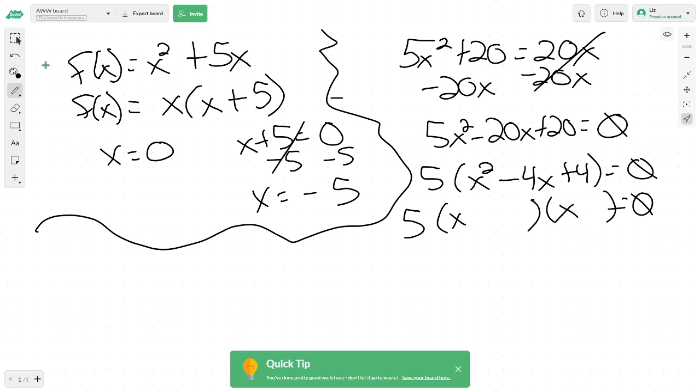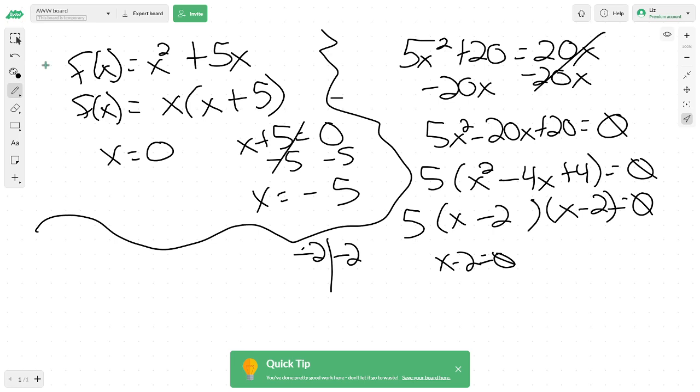I need two numbers that multiply together to get a positive 4, but add together to get a negative 4. So what about negative 2 and negative 2? If I add them, they'll be negative 4. If I multiply them, they'll be positive 4. So 5 doesn't equal 0, so we don't even need to worry about the 5.